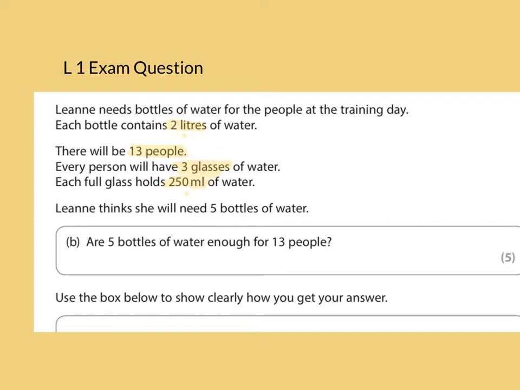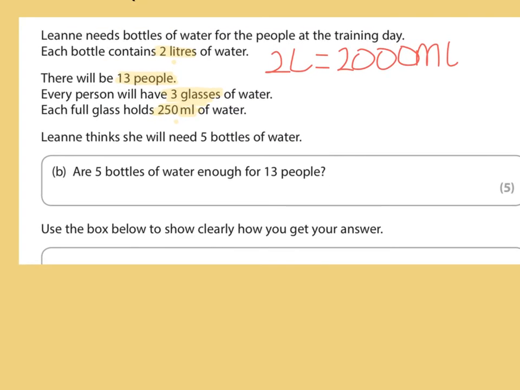So I would do that by saying 2 litres is 2,000 millilitres. That usually, just by writing that down, gets you a point in an exam. So always make sure, even if you have no idea how to solve the rest of the question, that you've written down some kind of equivalence to show what you know about units. And then I'll get on with answering the question.